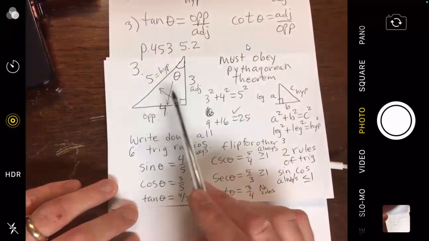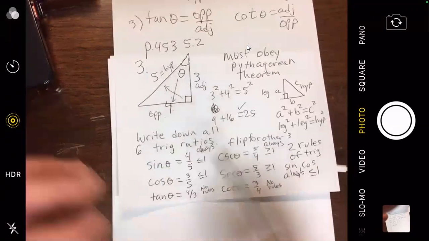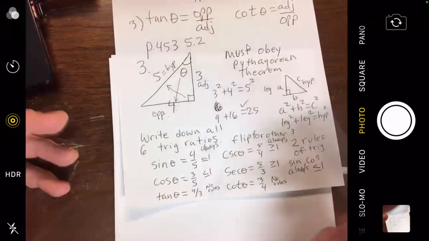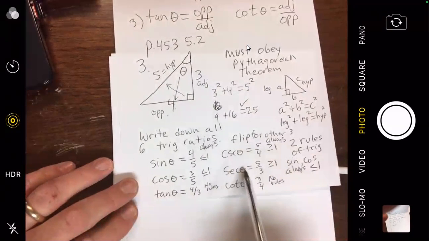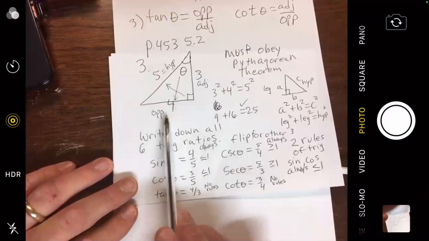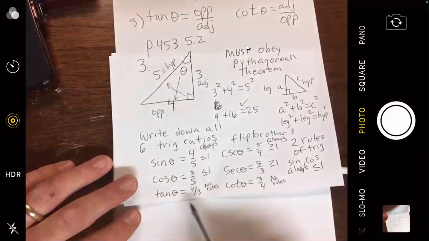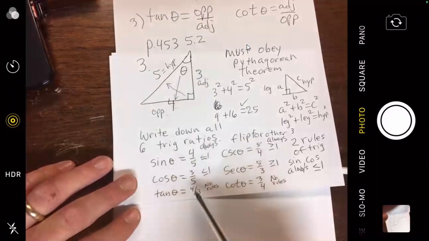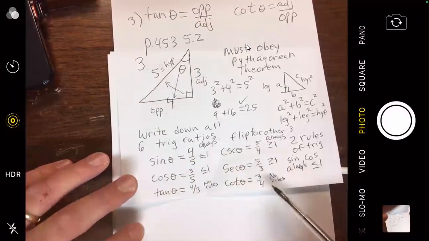And again, all of these numbers obey the Pythagorean theorem. I'm just pointing this out because they're right triangles, they have to. They don't just make them up willy-nilly. They want you to write down all 6 trig ratios: sine is opposite over hypotenuse, 4/5; cosine is adjacent over hypotenuse, 3/5; tangent is opposite over adjacent, 4/3. The other 3 ratios are the flips of these.